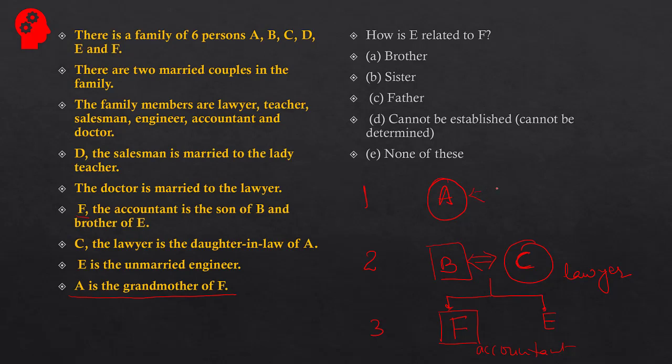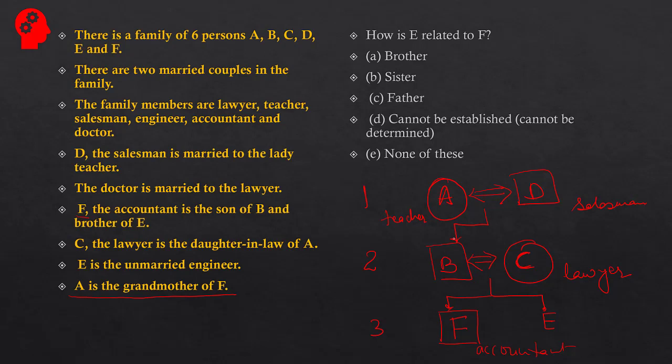So this will go into the generation 1. A will be the teacher. A and D have the son B because C has been mentioned as daughter-in-law. That means C is not the member of this family by blood. Rather, she has become the member of this family by the virtue of marriage.